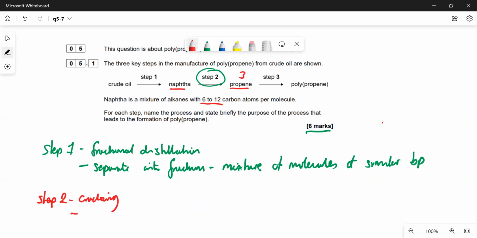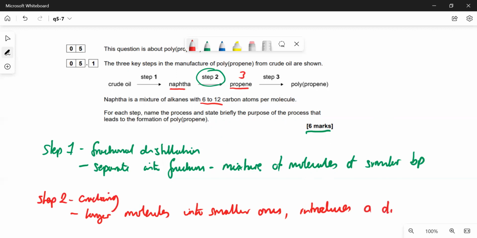It breaks larger molecules into smaller ones. And it also introduces a double bond into some of the product, which of course we need for the next step. To get propene, you can't polymerize propane, it needs to have a double bond in it. So that's important.